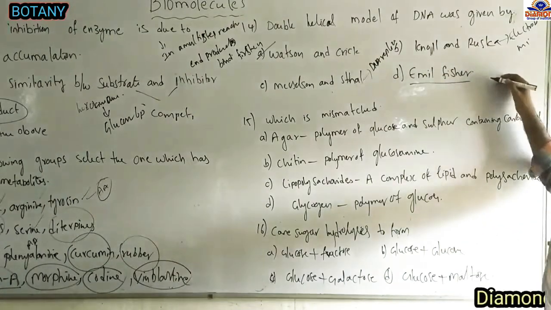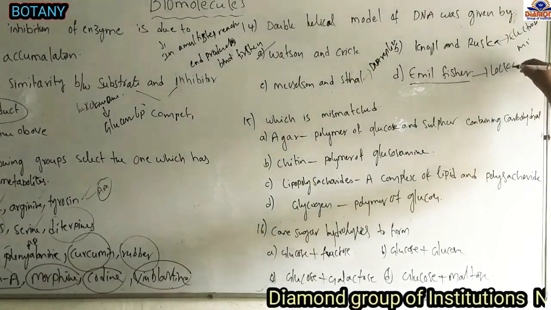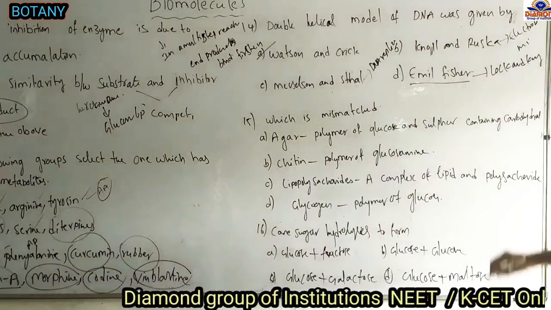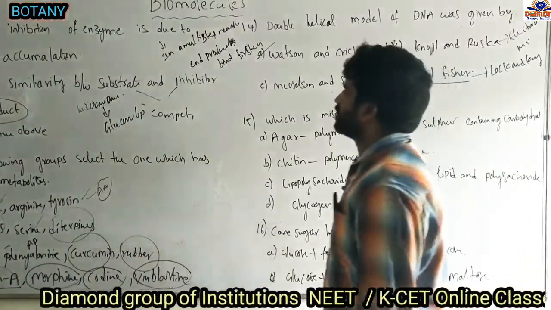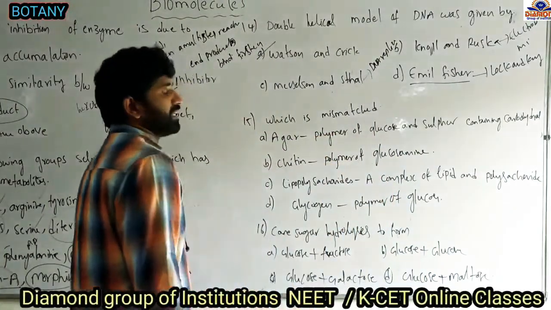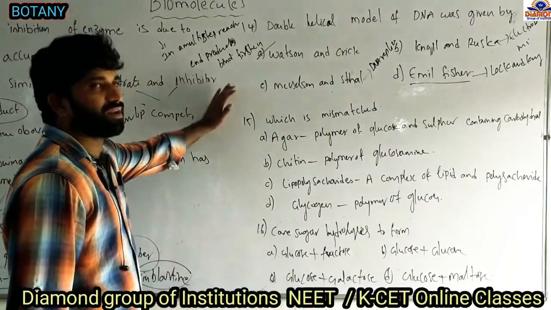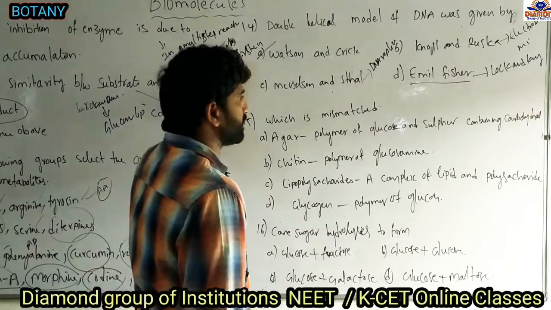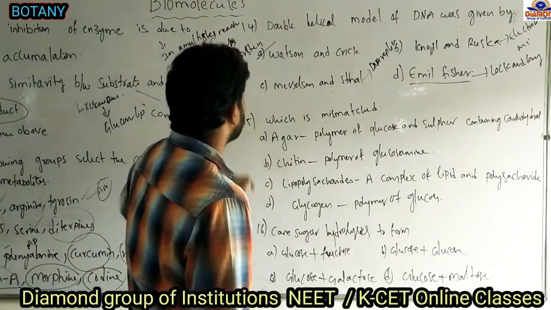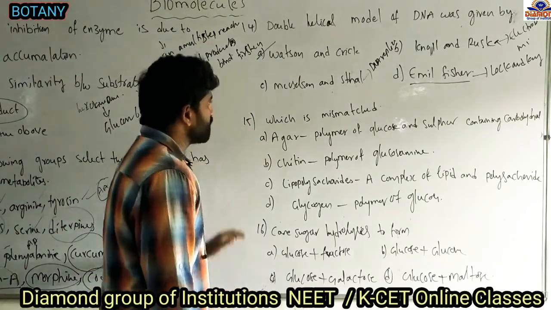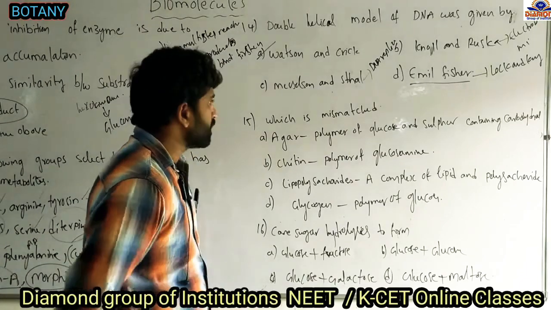And Emil Fischer proposed the lock and key model. Watson and Crick are the two scientists who explained the DNA structure. The double helical structure was given by Watson and Crick. Answer A. And next question, which is mismatched?